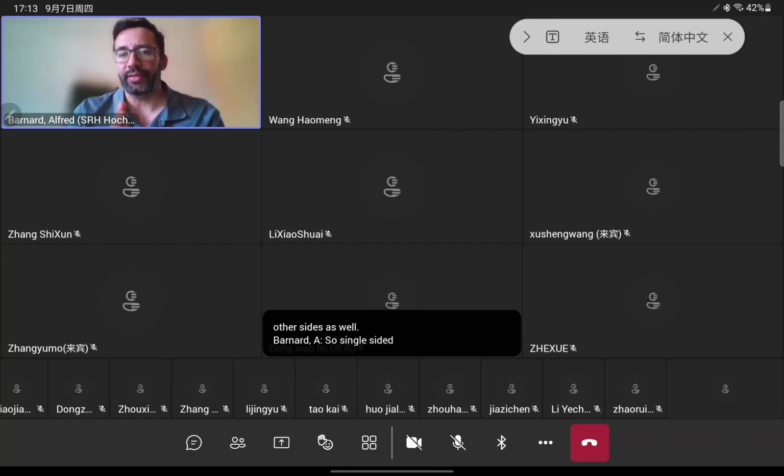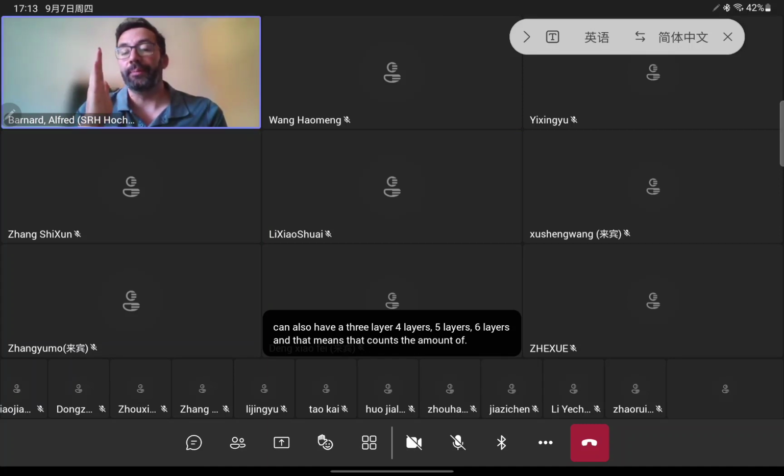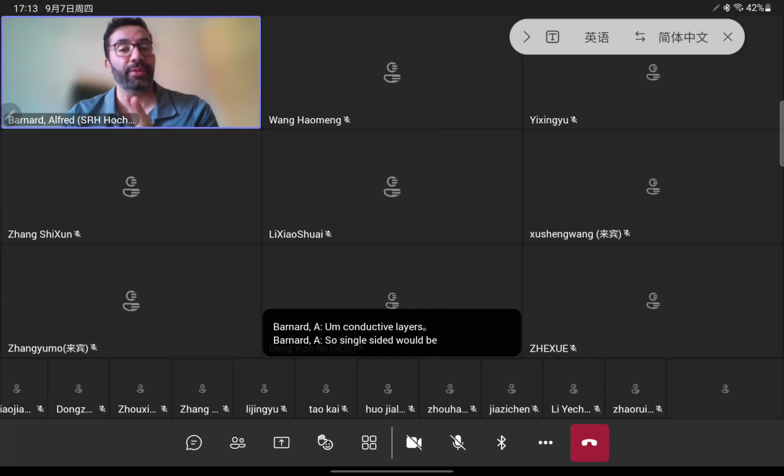So single-sided, double-sided, but then we can also have 3 layers, 4 layers, 5 layers, 6 layers. And that counts the amount of conductive layers. So single-sided would be 1 layer, double-sided 2 layers.